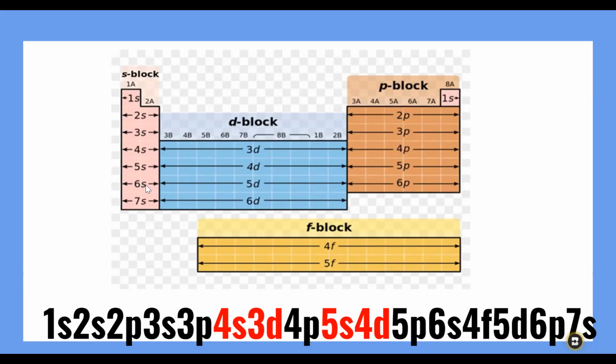That is 6s, 4f, 5d, 6p, 7s. Remember, this part is supposed to fit in here. So that's how we come up with it.